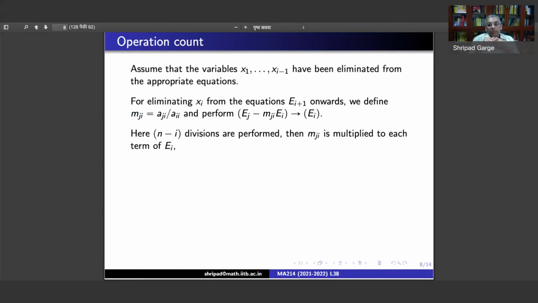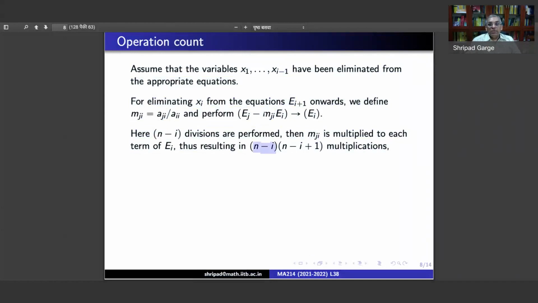Then for a fixed j, the m_ji is multiplied to each term of e_i. How many terms does e_i have? From e_i, x1 up to x_{i-1} have been eliminated. So e_i has the x_i term, x_{i+1} term, and so on. So there are n minus i plus 1 terms in e_i.